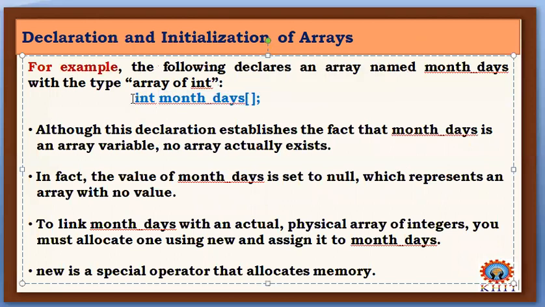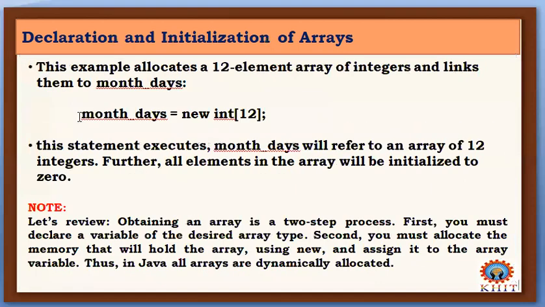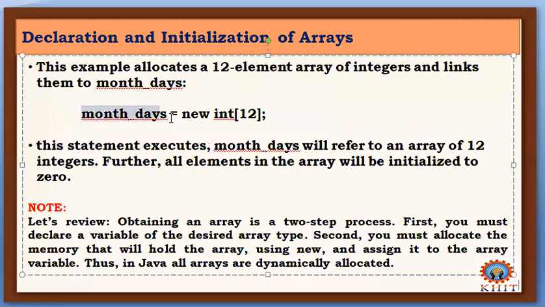After this declaration, if we want to store values, then we need to write like this: name of the array is equal to new, the operator new, and then followed by type. So you want to store integer values in this, so int bracket 12, you want 12 locations. Okay, so how many locations you want? 12 locations. So this is the basic statement you need to write for the allocation of the array.